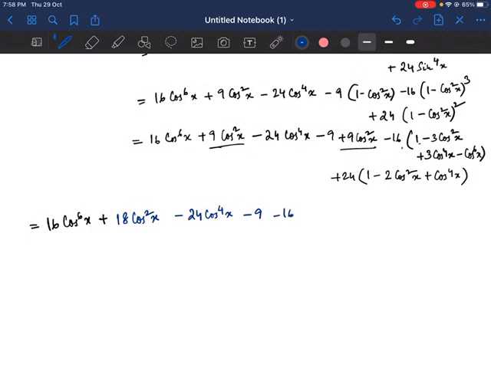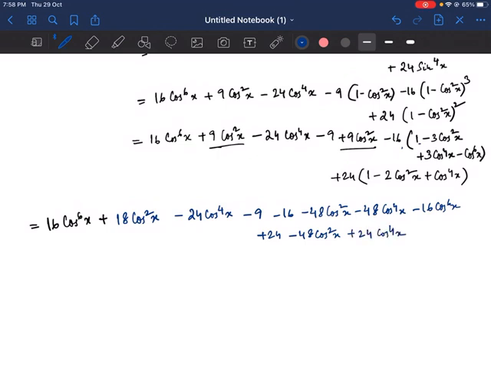Minus 16, then this one is minus 48 cos square x, then we have this one as minus 48 cos to the power 4x, then we have minus 16 cos to the power 6x, here plus 24, minus 48 cos square x, then we have plus 24 cos to the power 4x.